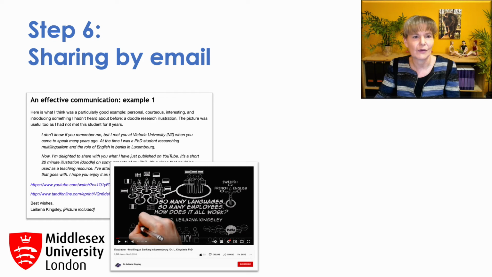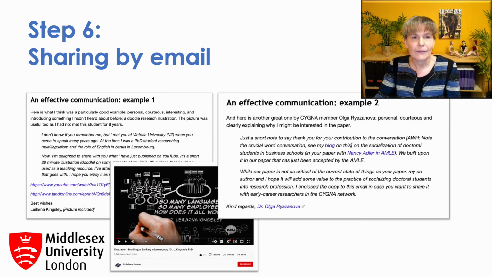Another one which I received a few years ago was written by someone who had written an article that cited my work in the Academy of Management Learning and Education. And it was about a related topic, a paper on socializing doctoral students into the research profession.